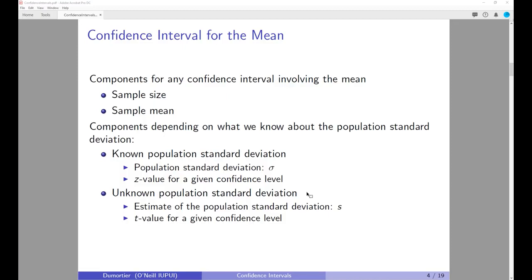If the population standard deviation is unknown, we cannot use the normal distribution to calculate the z-value for a given confidence level, but we have to calculate what is called a t-value for a given confidence level. The t-value is based on the student's distribution, or the t-distribution. And I will explain what the difference is between a normal and the t-distribution soon.